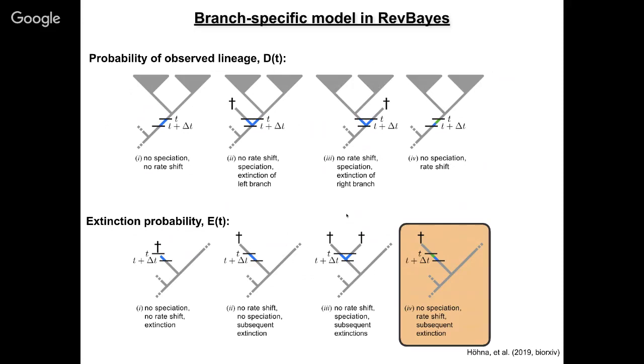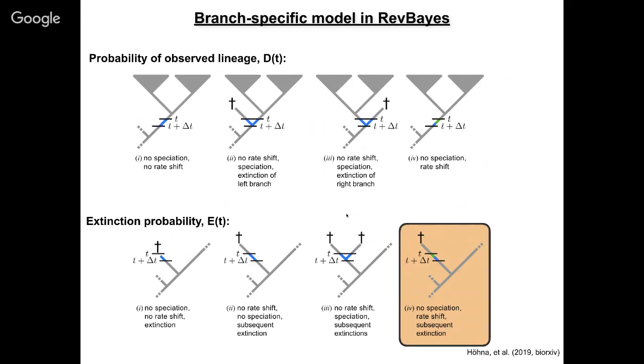What BAM is doing, as described in the BAM paper, is not allowing any rate shifts. So basically you're conditioning on rate shifts having occurred only on the lineages that are leading to extant species.